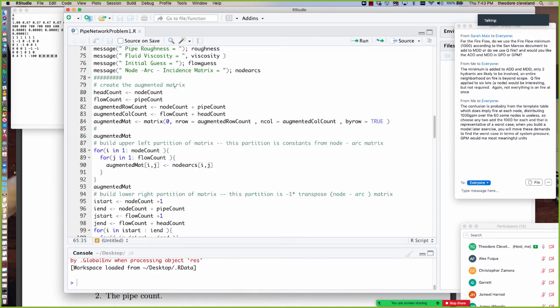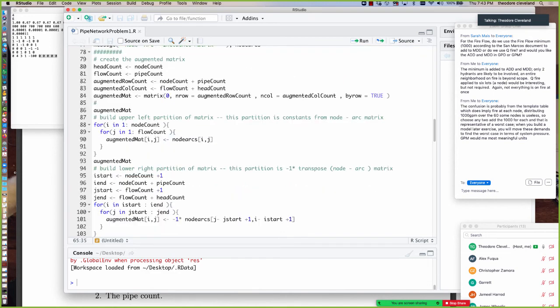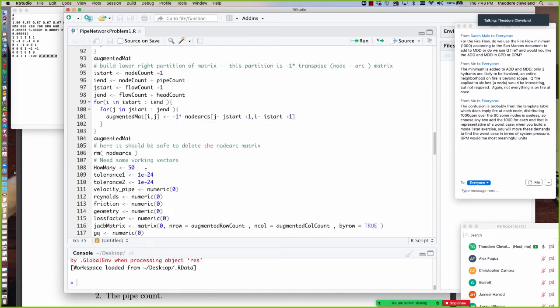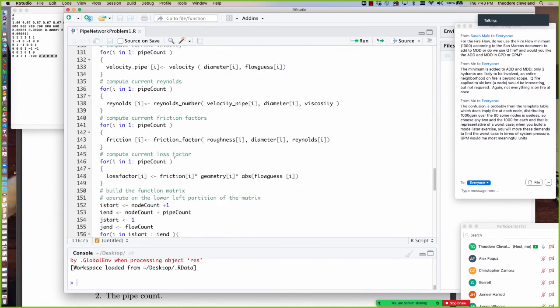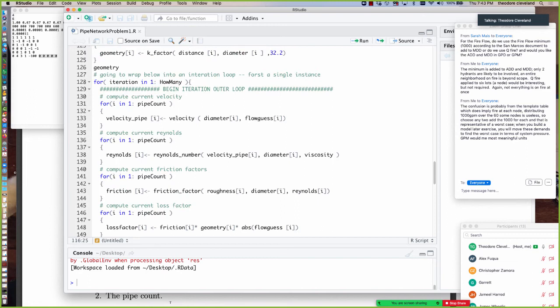And then creating the matrix is easy once you figure out the indexing scheme. And this part is just setting up the actual solution. And then here are the functions.